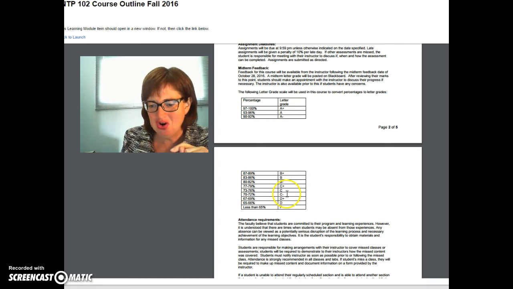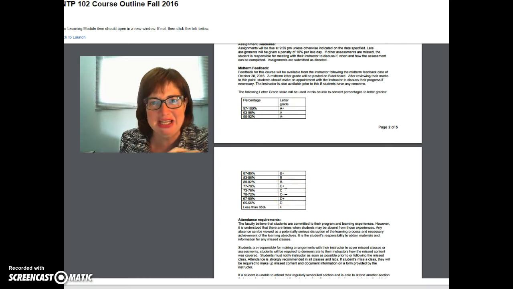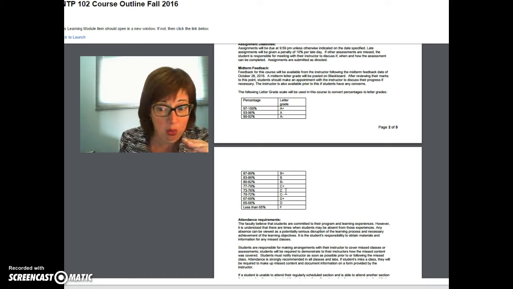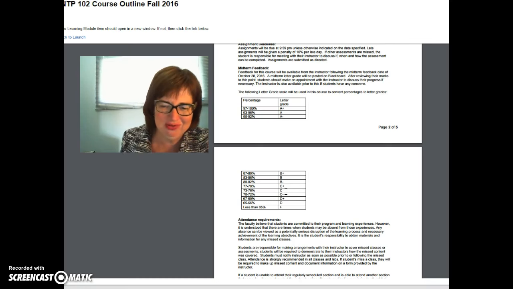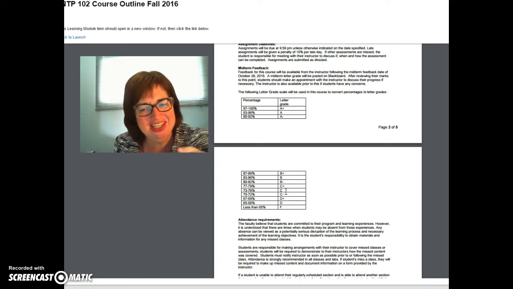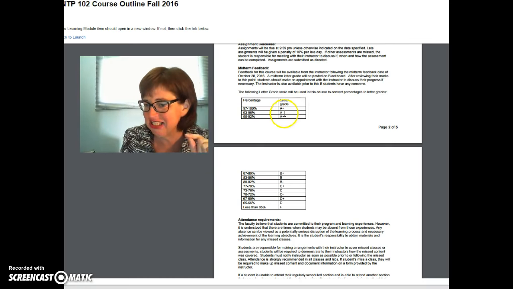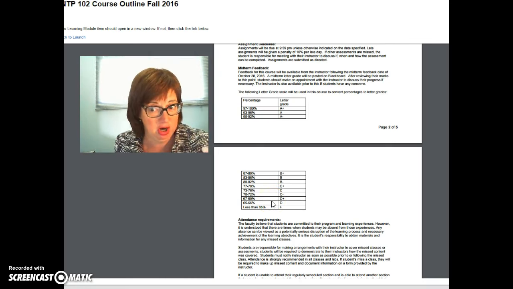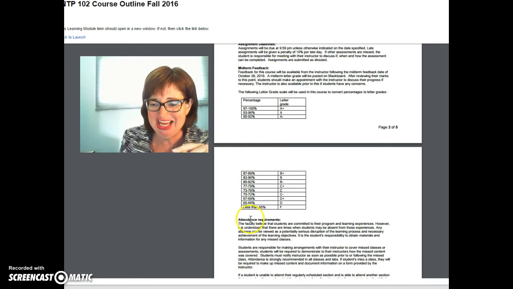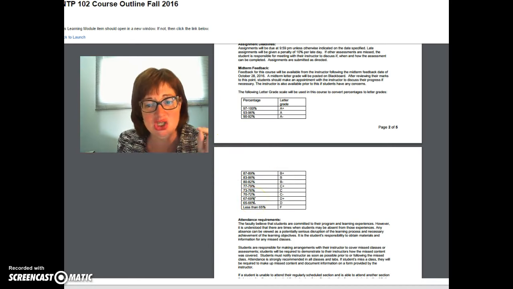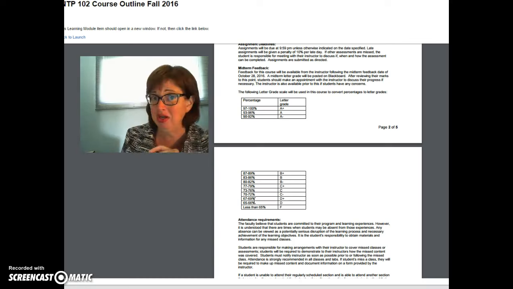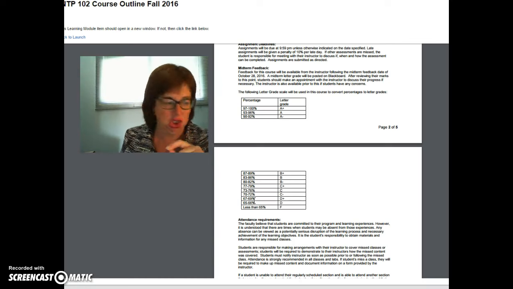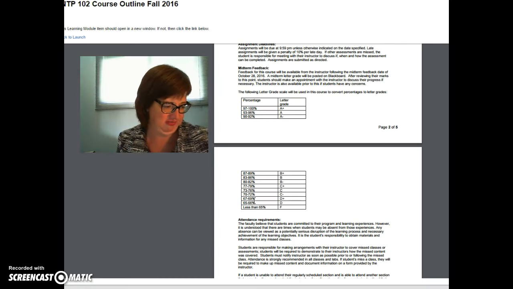We're aiming for C's and C pluses to get your 2, which is sort of the respectable GPA to go on. A 2 is 73%, and this is the percent chart I will go by. It's different than the PN, the other professional nursing mark, so make sure you realize that 50% is no longer a pass. I don't want you to get by. I want you to learn your stuff.